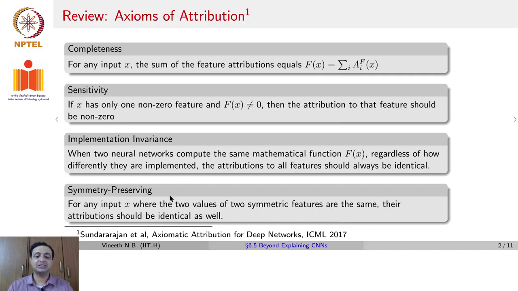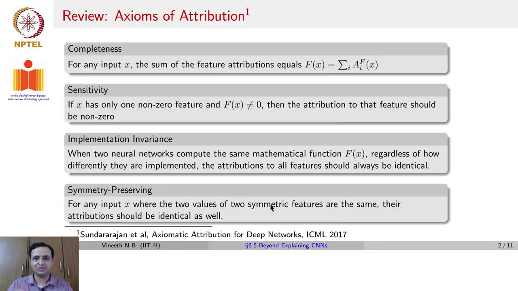Another axiom states the symmetry preservation of the attribution method, which states that for any input x where the values of two symmetric features are the same, their attributions should be identical as well. By symmetric features, we mean features that can be swapped and the neural network output will still remain the same.